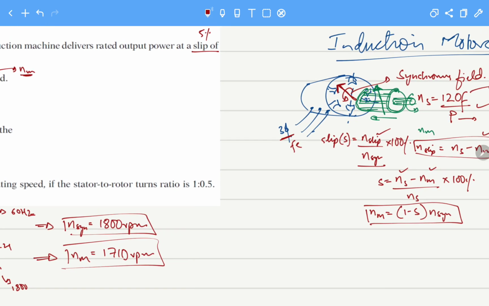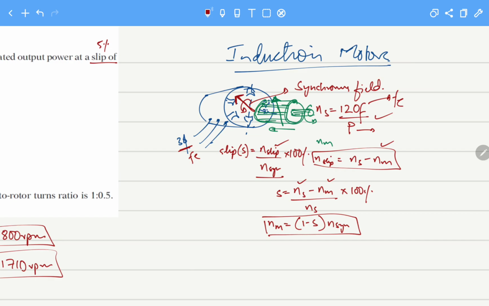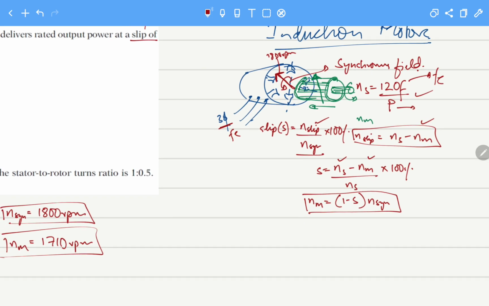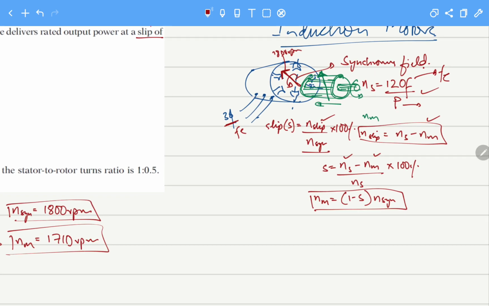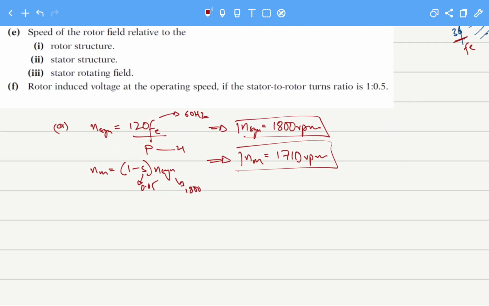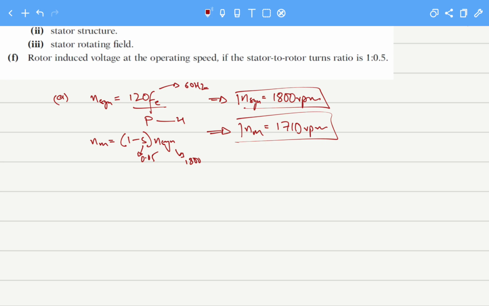What this means is that the rotating magnetic field, the synchronous field, is rotating at 1800 RPM, and the rotor is rotating at 1710 RPM, and there is a slip. Due to the slip between them, the speeds are not the same.